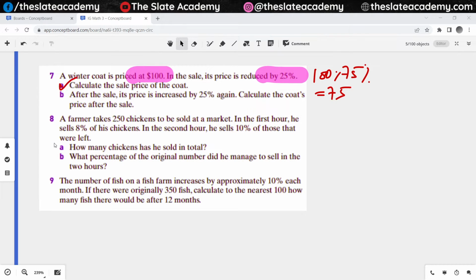Then after the sale, its price increased by 25% again. So 25% of what? 25% of this 75. And if I increase 25% of 75, it would become 75 into 125% or 75 into 1.25, which would be 93.75.